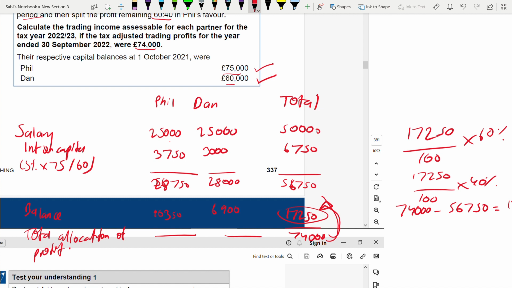Together, if you add, you will get 17,250. Then here it is 39,100, and 34,900. Together you add, you will get 74,000. Since the ratio for Bill is more, at 60, you will always get the profit for Bill more than Dan.